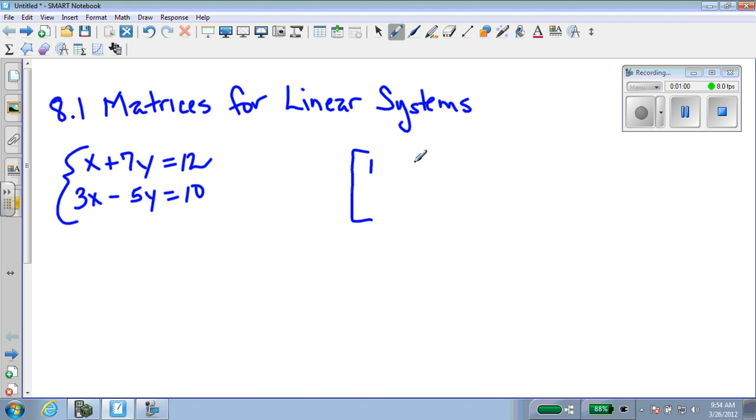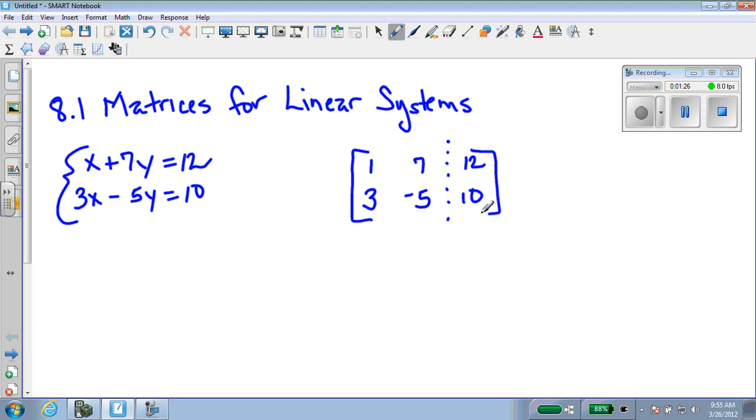So 1 and 7 for the first equation, 3 and negative 5 for the second equation. And although your calculator will not put in a dotted line, usually there's a dotted line to show that we're augmenting with the solutions 12 and 10. Okay, and that's our matrix.